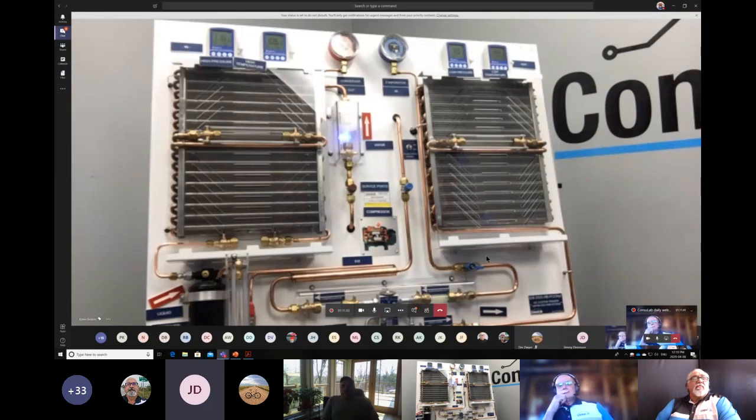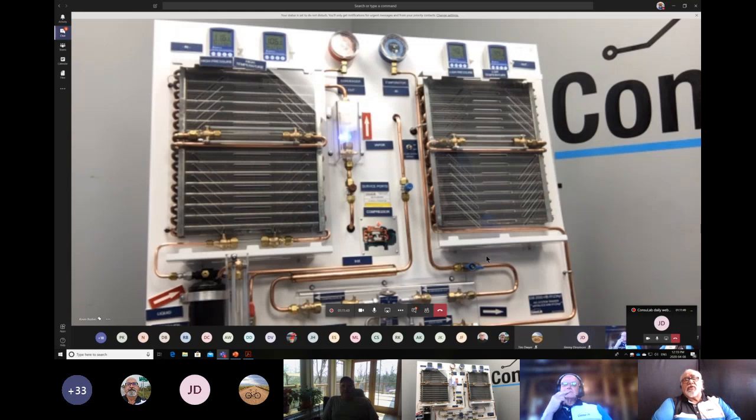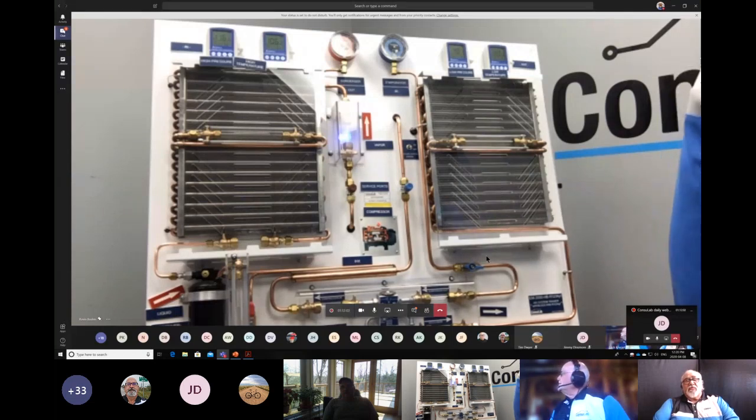Richard Smith says, on a hot summer day, can superheat be increased? Yes, if you have a high heat load, there is a chance that you're going to see more superheat. It comes down to the evaporator's ability to hold liquid, the amount of liquid that it can hold. So there are really hot days when you might see higher superheat numbers.